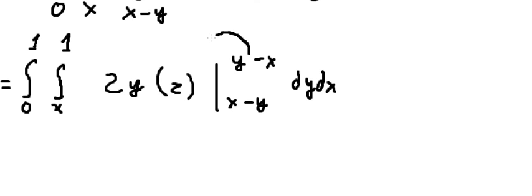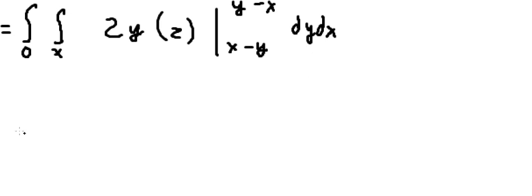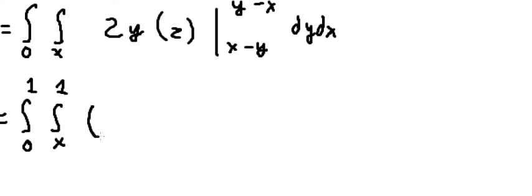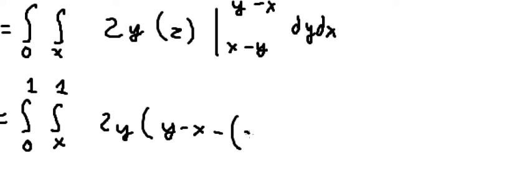So y minus s goes in here, and s minus y goes in here. So we have 2y, and we have y minus s minus (s minus y).